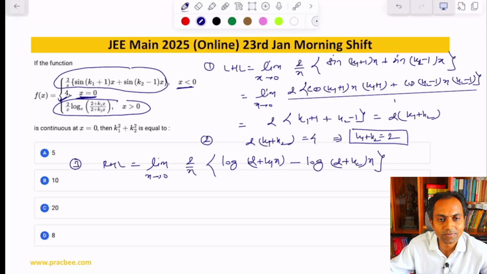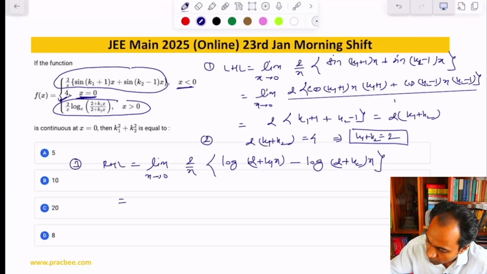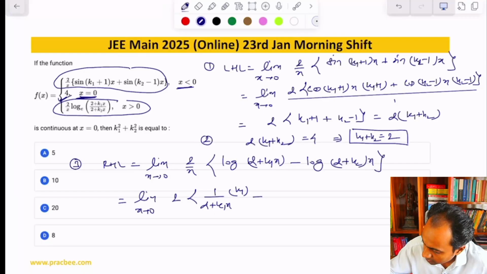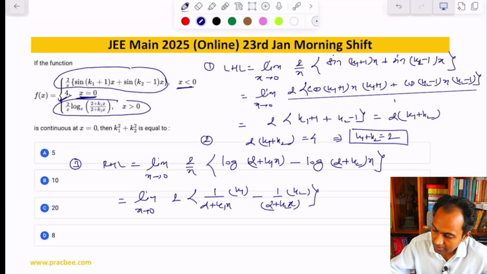Once we have done this, we can again see that this is 0 by 0 form, so apply L'Hopital rule. So limit x tends to 0, 2, this will become 1 upon (2 plus k1x) into k1. This becomes 1 upon (2 plus k2x) into k2, and denominator differentiation is x only, that becomes 1.